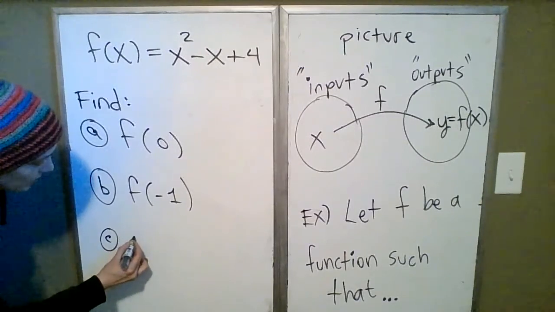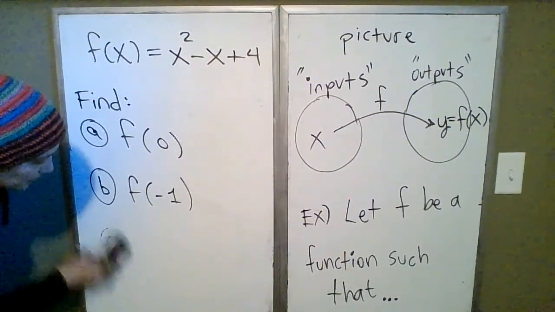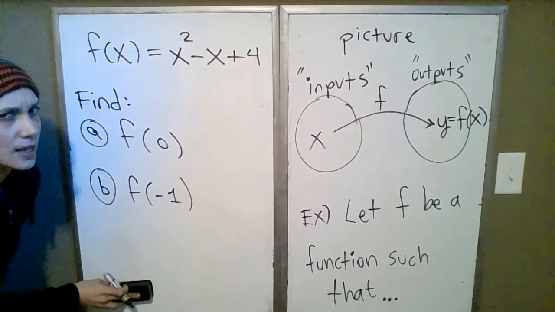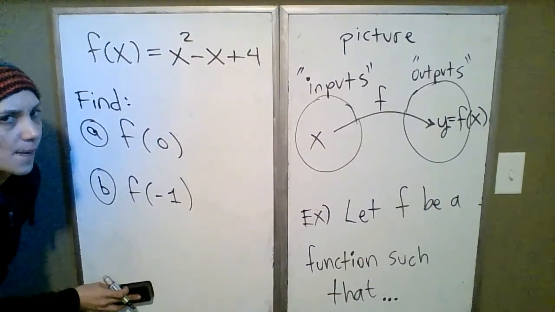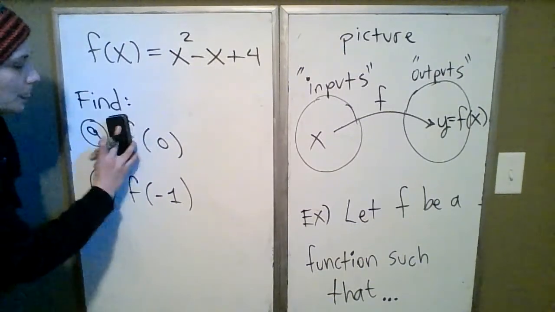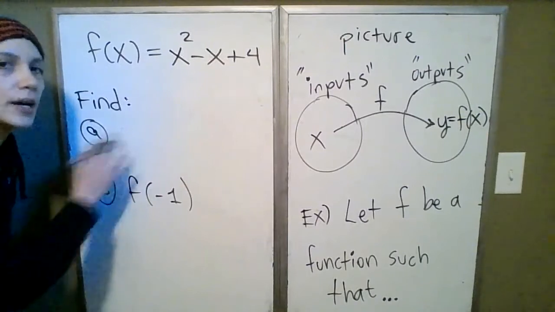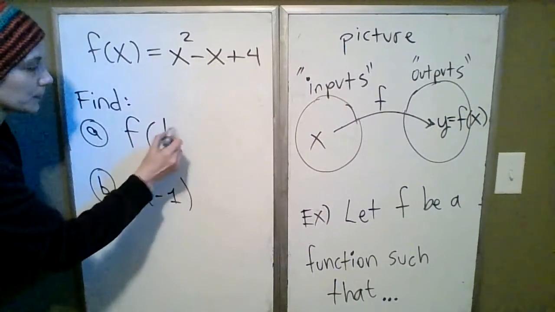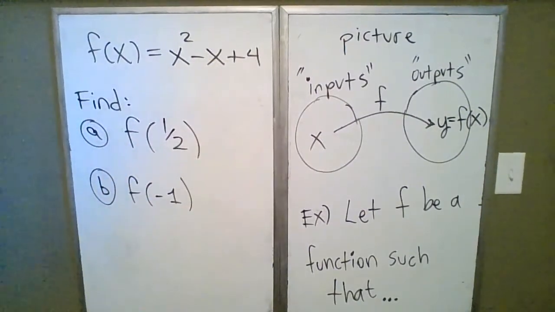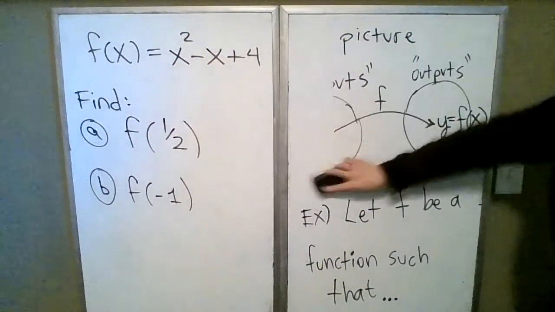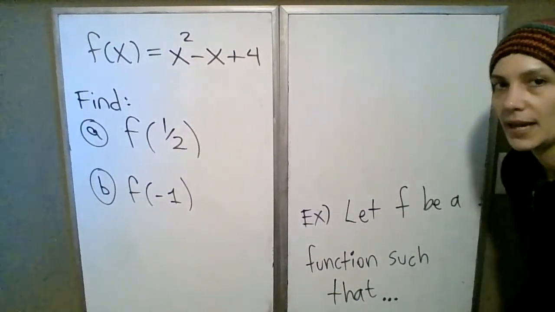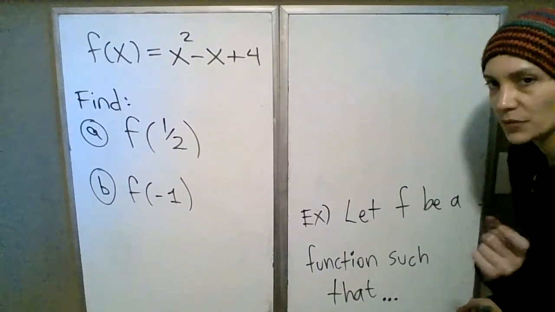We're running out of time, but I think we could do f of 1/2, and that would be a better example. Okay, first part. So f of 1/2, you're putting in 1/2 for x.